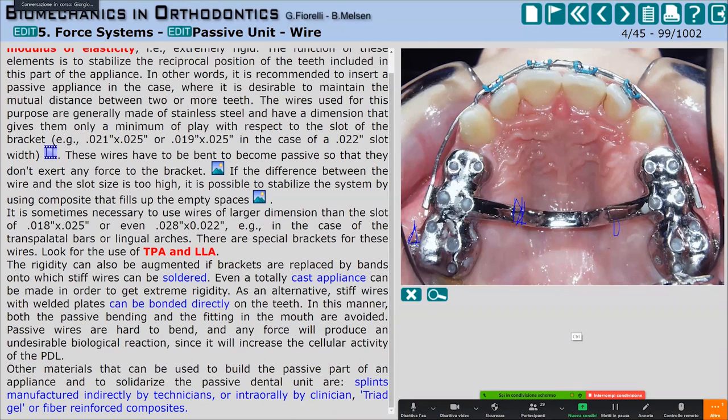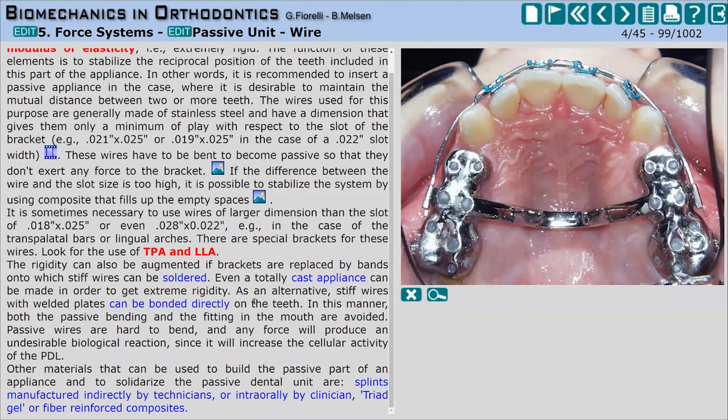You can have hooks, or you can extend this to have a different point of application of the force, whatever. You can just think and design your system in any way.